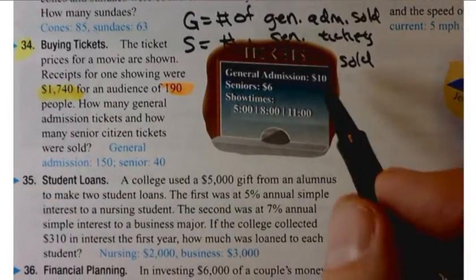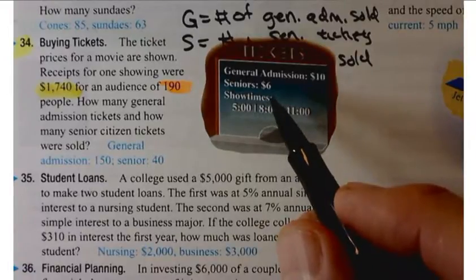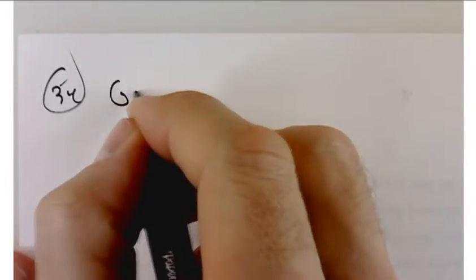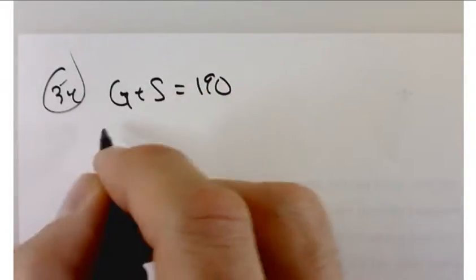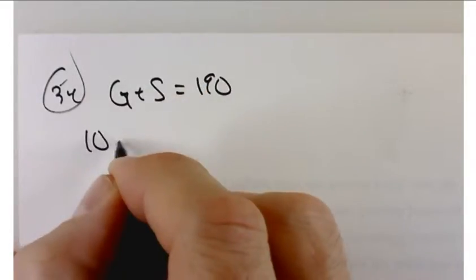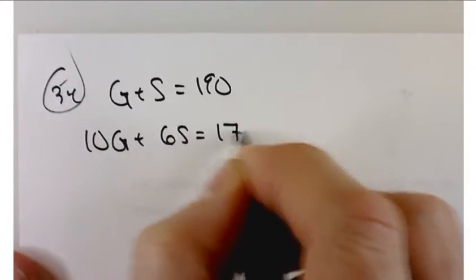You get $10 for a general admission seat, $6 for a senior seat. So let's put those in as well. Our two equations look like this. G plus S is 190, and 10G plus 6S is 1740.